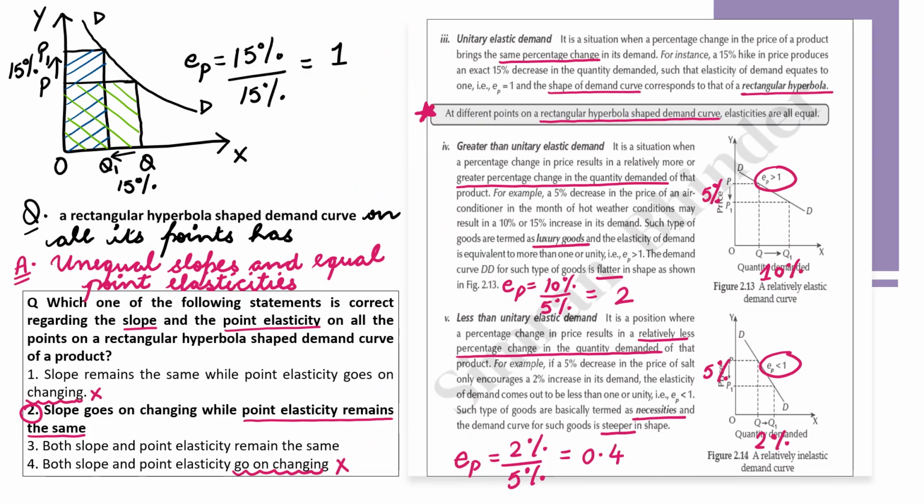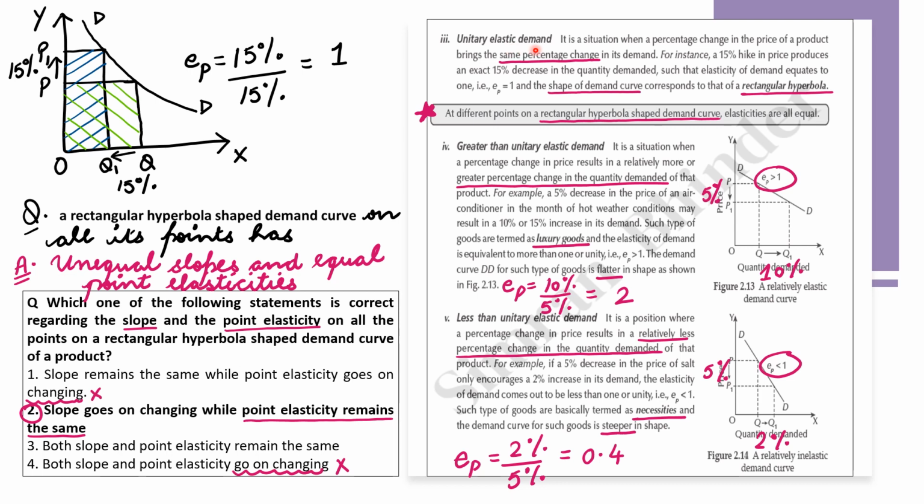Now here we are going to discuss other degrees of price elasticity of demand, and all this content is very much important, right? UGC-NET questions are asked on the basis of this area. So listen to it very carefully. The third degree is unitary elastic demand.